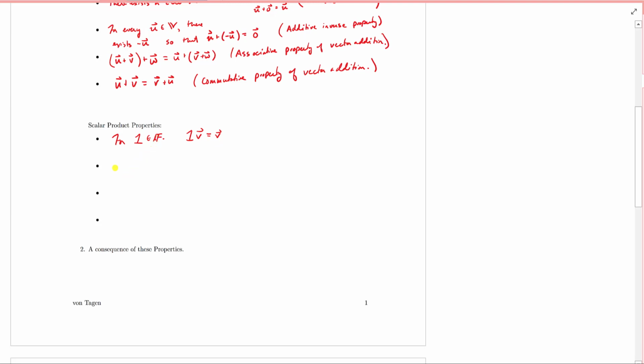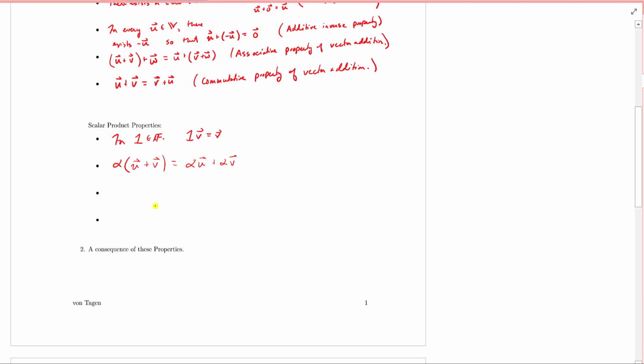Additionally, if I took some other scalar alpha and multiplied it to v plus w, let's do u plus v, just keeping with alphabetical order there. If we multiplied it to the sum of u and v, we get alpha u plus alpha v. Okay?